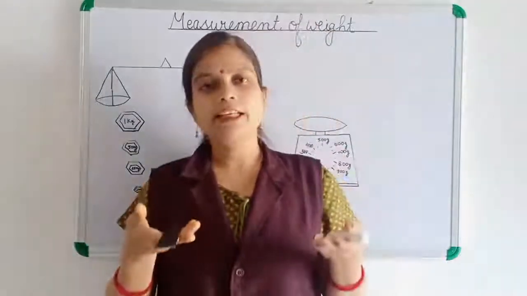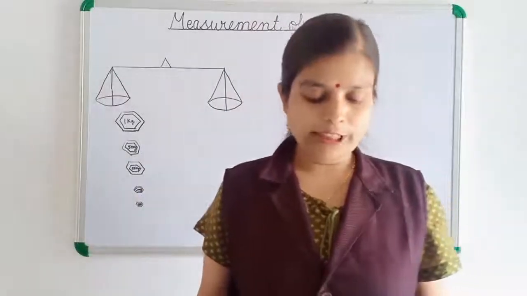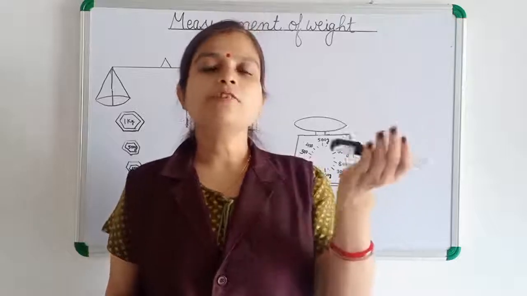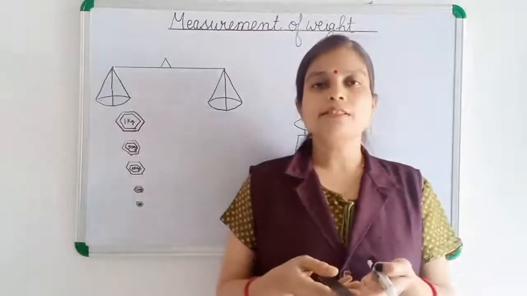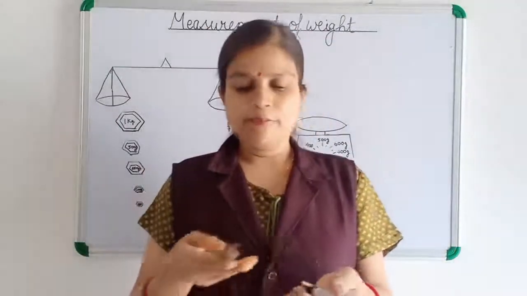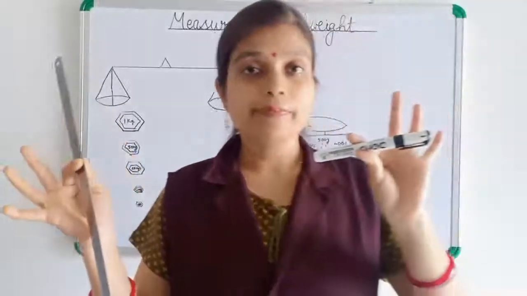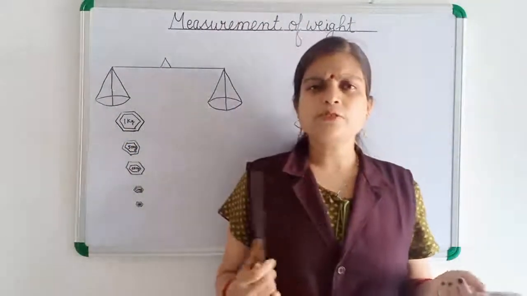We can find it. But if anyone asks what is the weight of the scale and what is the weight of this marker, or what is the difference of the weight between these two objects, then it is difficult for us to answer.